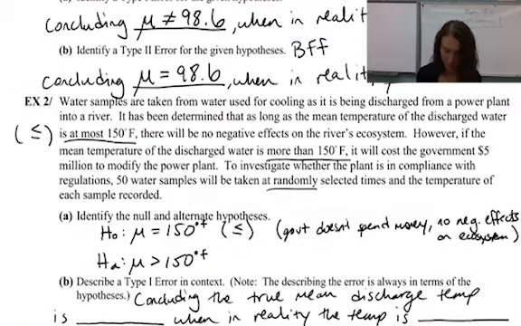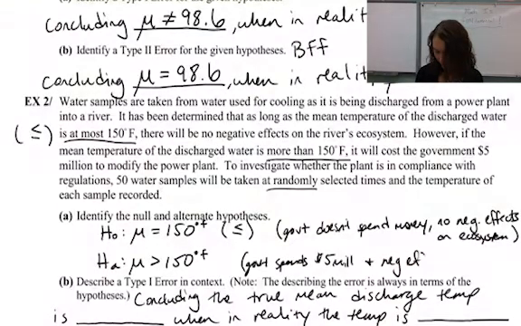And then if mu is greater than 150 degrees, so if the water is more than 150 degrees, the government spends $5 million and there are negative effects on ecosystem.